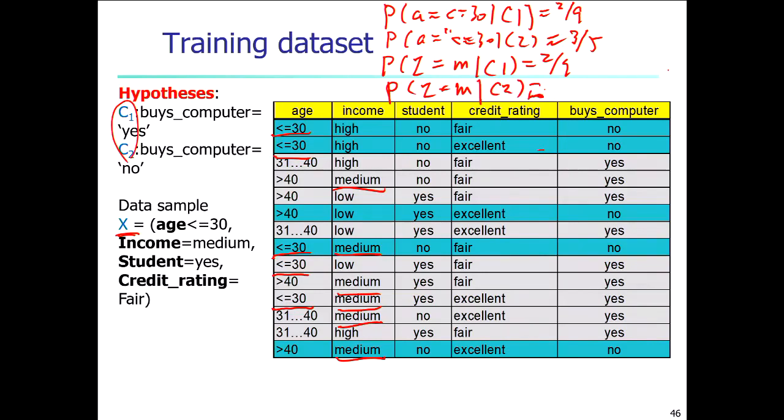And given C2, the number should be 2/5. Sorry, I need to correct that. And you can do it for the rest.